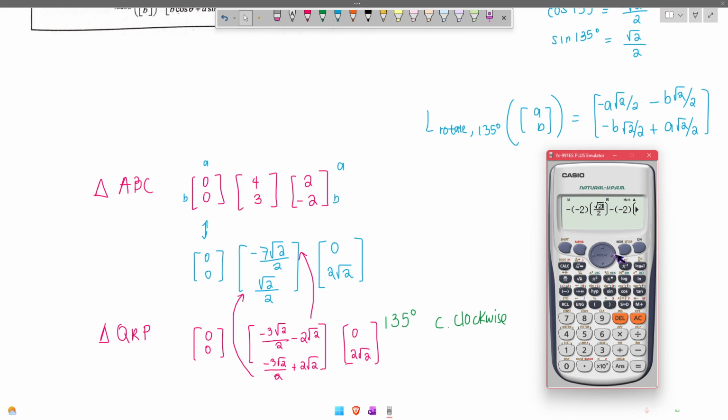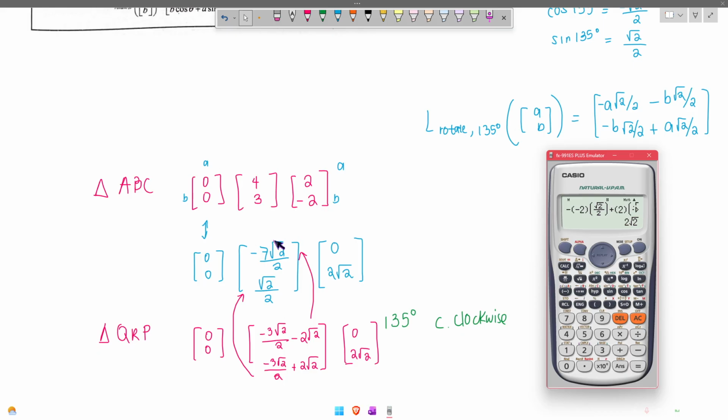And then this is plus now. And then -b square root of 2 over 2 plus a. So plus 2 square root of 2 over 2. So we get 2 square root of 2 here. Okay? So that's how we solve for the components.